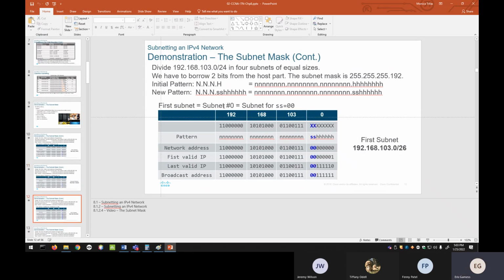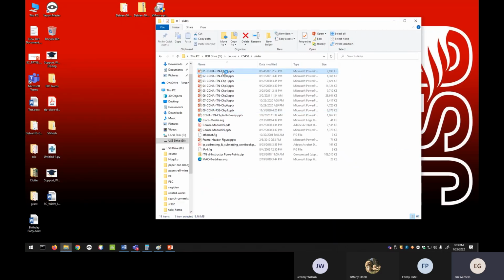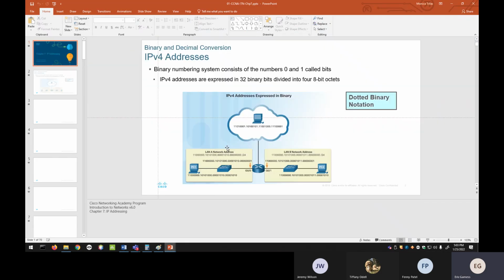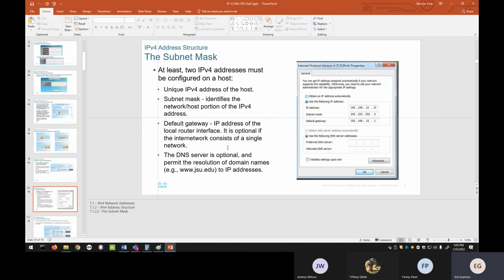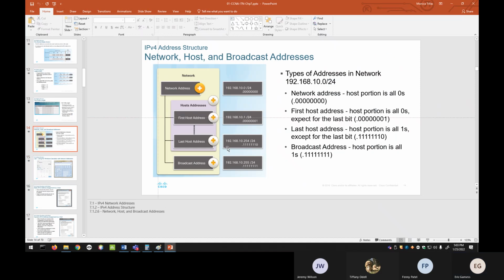So here we say the same thing, but there is no slide, so it was in the previous one. So let me show you. Okay. How do we get the network address? We put all the bits in the host portion in 0.